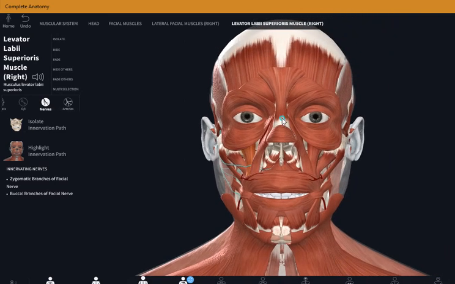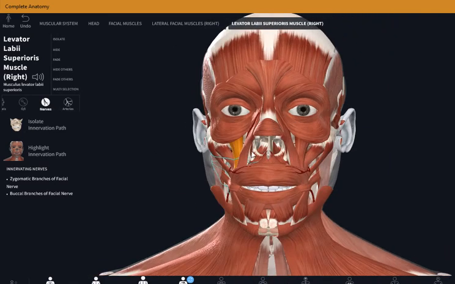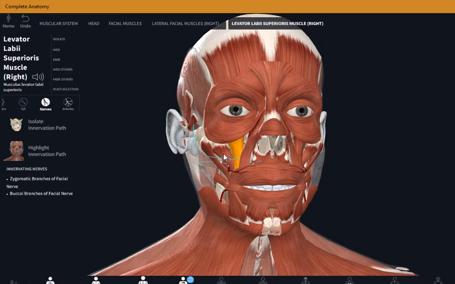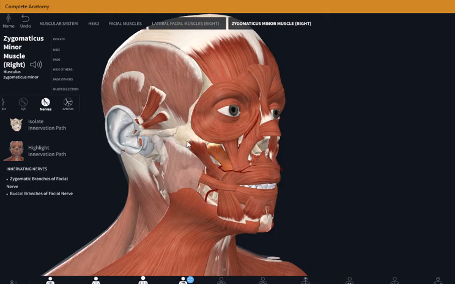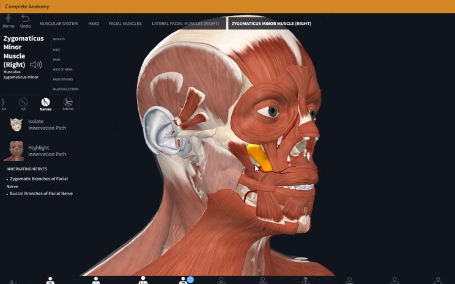Now let's come to the next muscle. The next muscle is this lateral muscle here. It's going to be the zygomaticus minor. You need to know that the zygomaticus is also split into two, just like the levator labii superioris: the zygomaticus minor, which is medial, and the zygomaticus major, which is lateral.